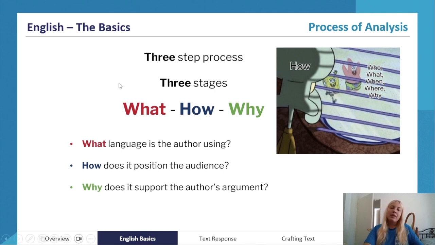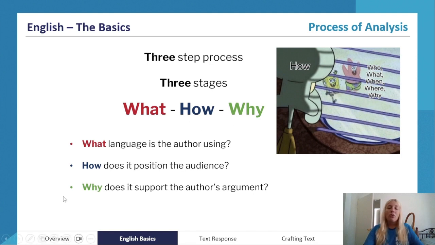So I've split it to make it easier to understand into the what, how, why process. The what aspect is what language is the author using. This is the persuasive language technique that you've identified, and you name it using the appropriate meta language and you quote that technique. Okay?